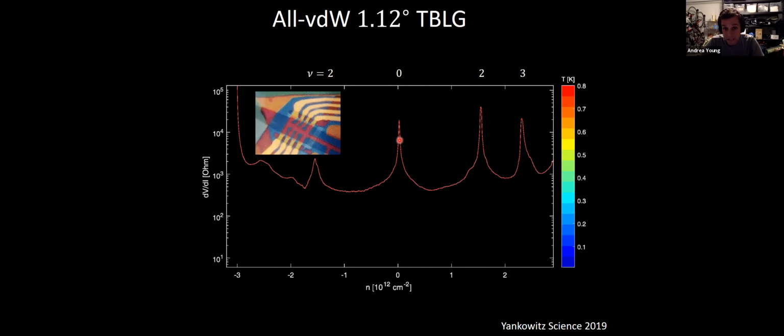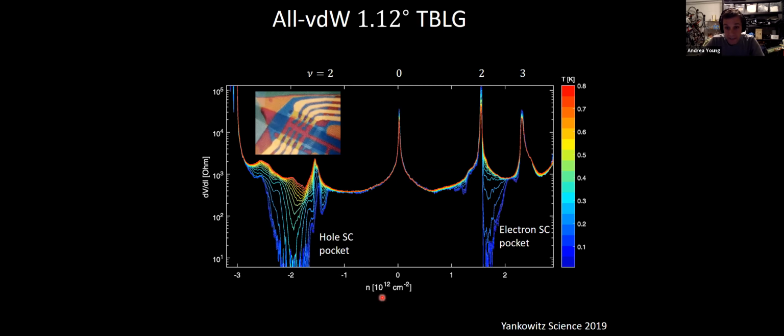You can see there are resistivity peaks at charge neutrality, and then at nu equals 2 and 3, and also at nu equals -2. That's a typical phase diagram of twisted bilayer graphene. The basic physics of the system is that as you cool it down, you typically get a region of superconductivity near nu equals -2, and a weaker region of superconductivity near nu equals +2.